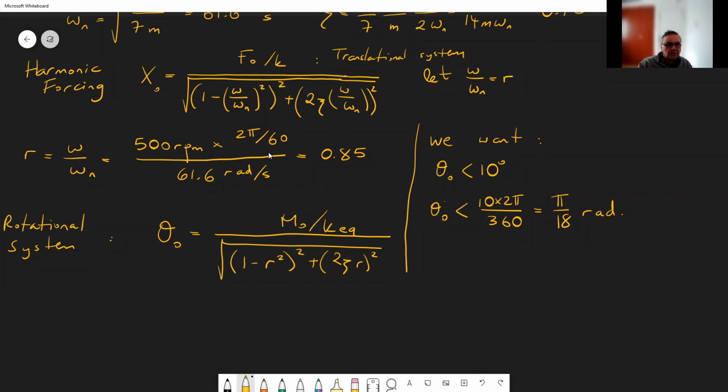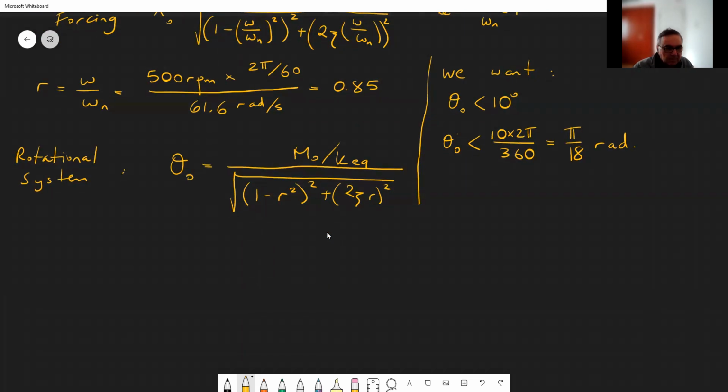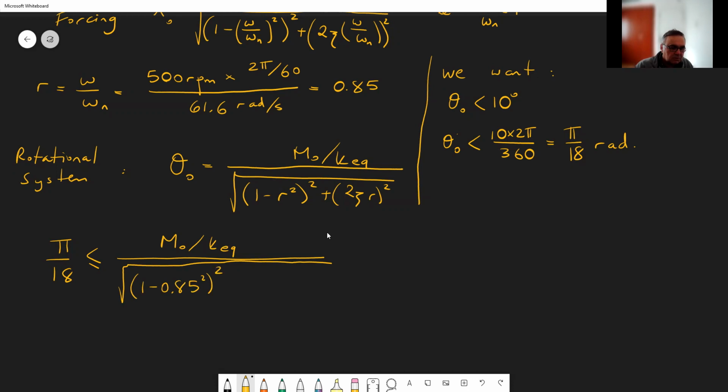So, well, here we have everything actually. So we want pi over 18 less than or equal to M0 over K equivalent divided by the square root of 0.85 squared plus 2 times 15 times 0.85.